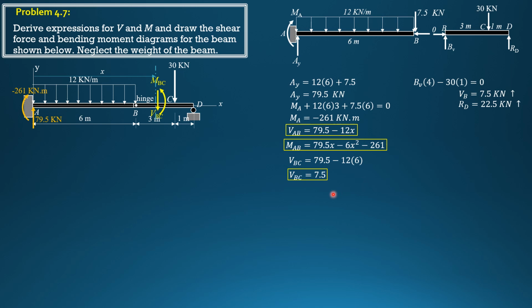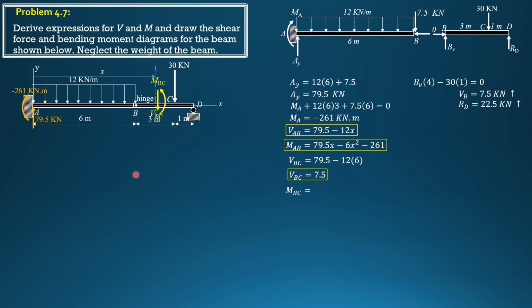So it is constant. While moment BC is, clockwise moment, 79.5 times x, then plus negative 261, then minus 12 times 6, then the distance of the centroid of this load from this section is x minus 3.